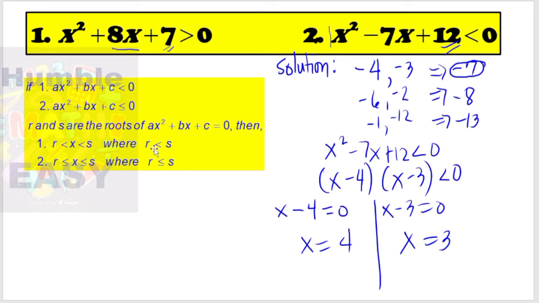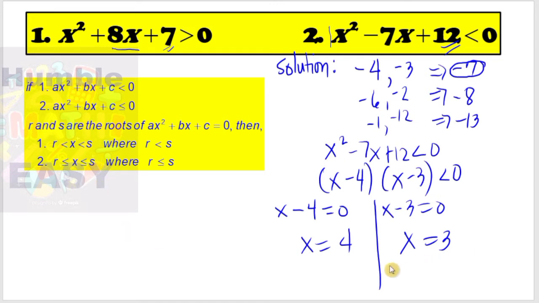The r value is lesser than s, so we can say that x is greater than r but less than s for the first. And for the second, x is greater than or equal to r but less than or equal to s.